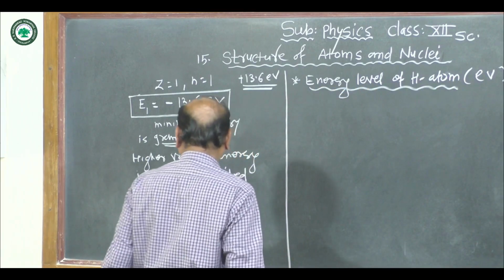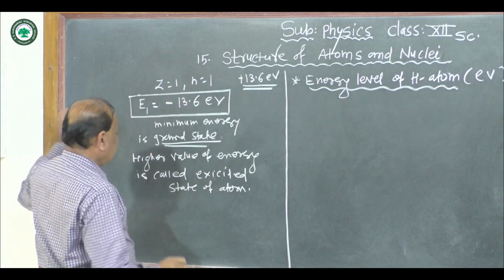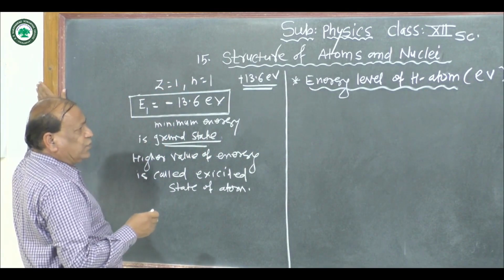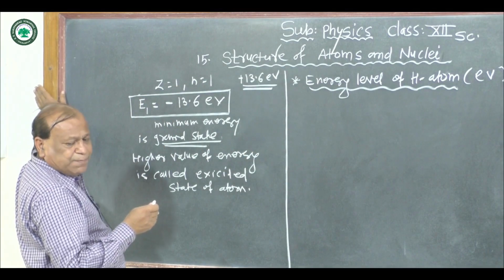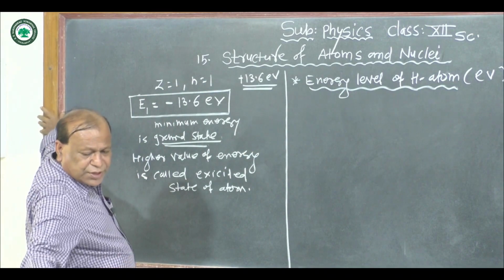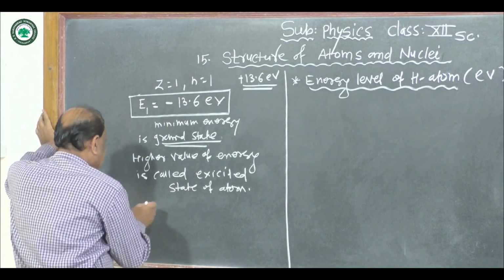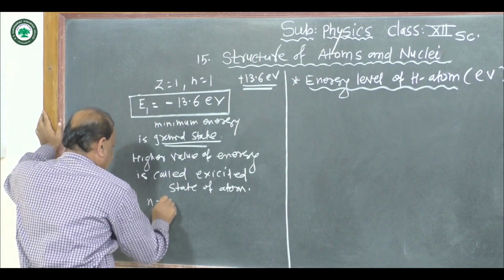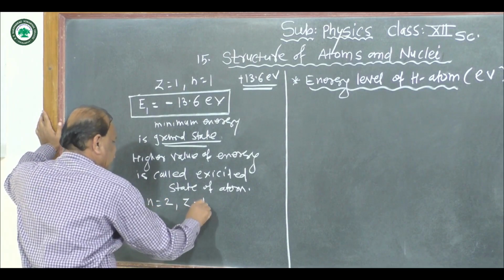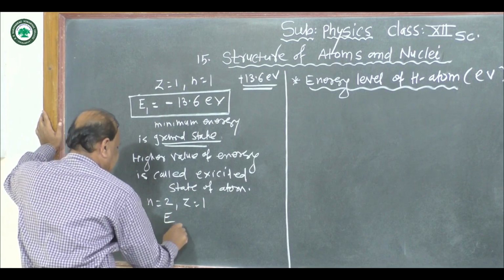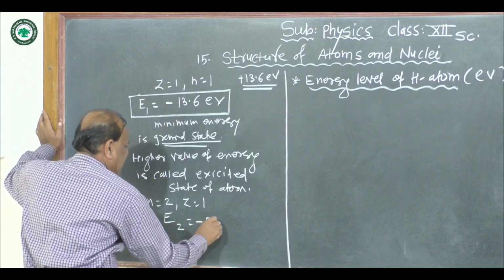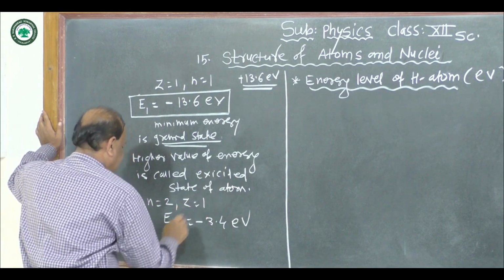Now here, in similar manner we get the values of energy. For the second orbit, n equal to 2 and Z equal to 1, the energy E2 is equal to minus 3.4 eV.